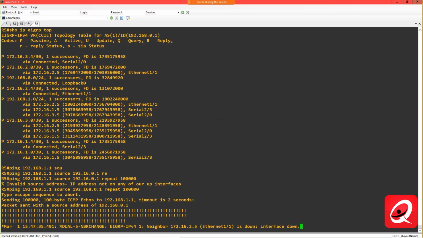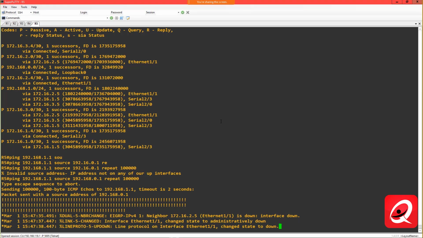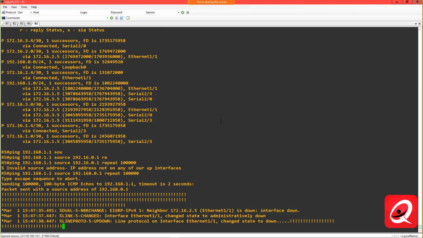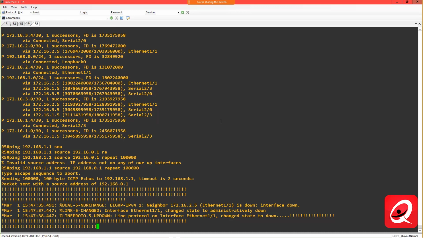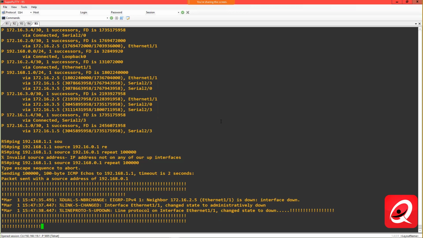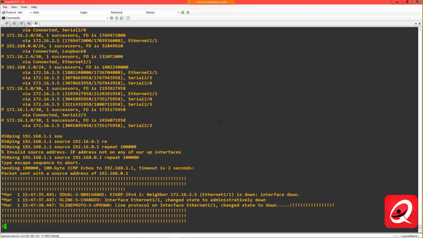All right. So the last time we lost about 4 or 5 or 6 pings. In this particular case, well, looks like we're losing about the same. So the convergence time didn't really go up. And that's interesting, because it should have gone up, right?